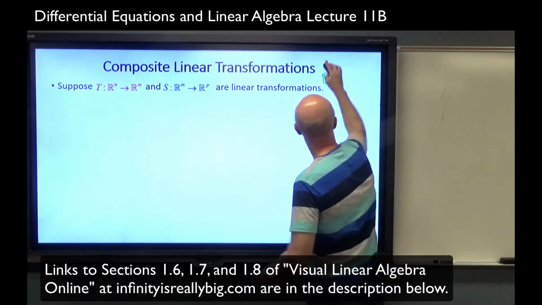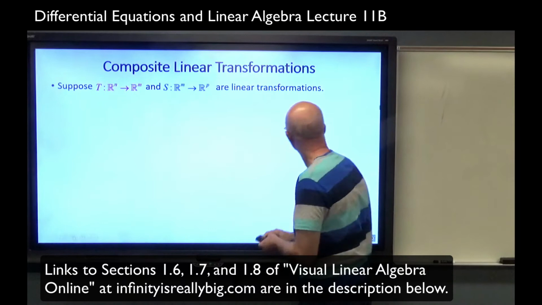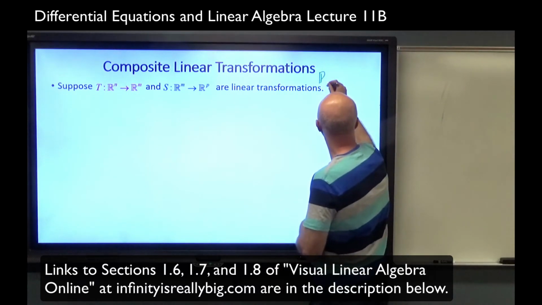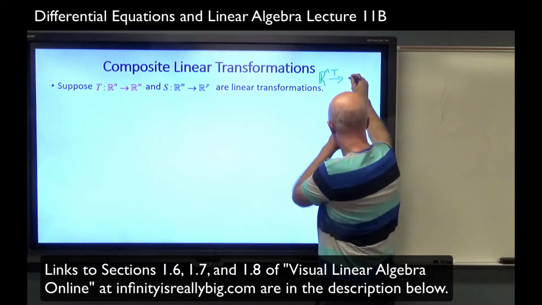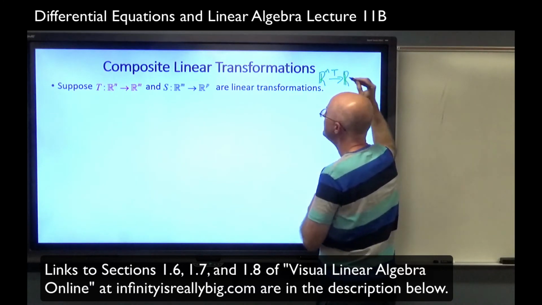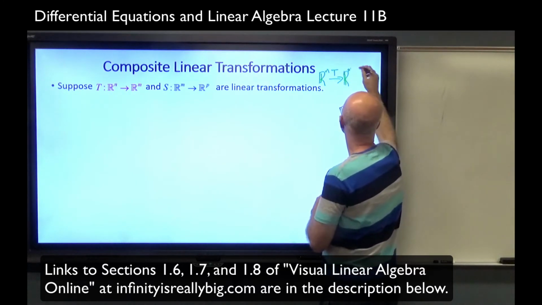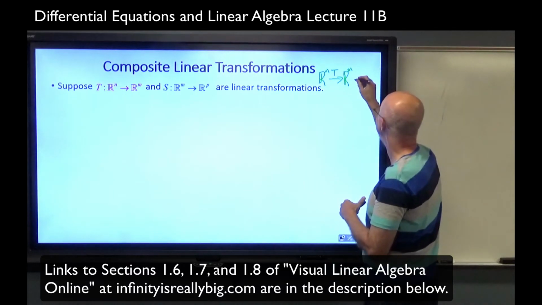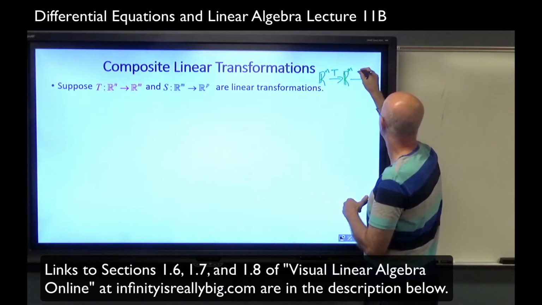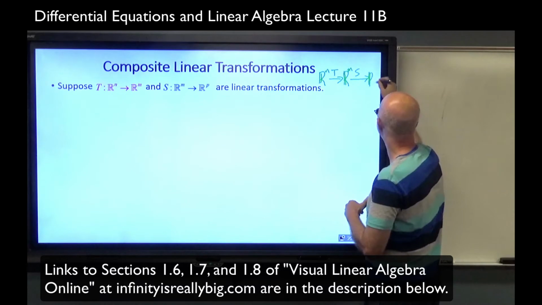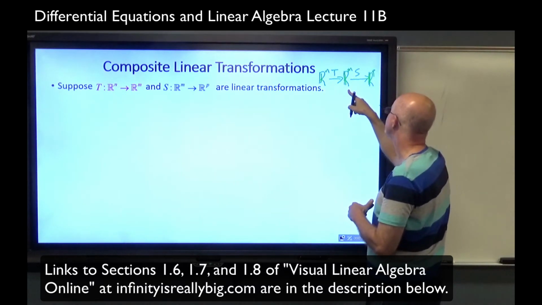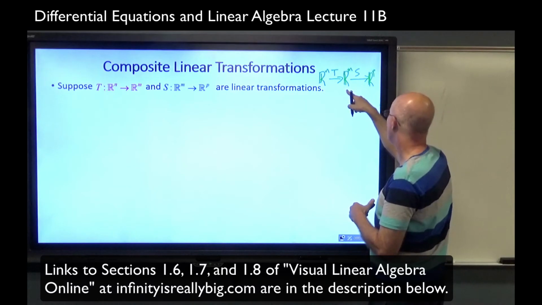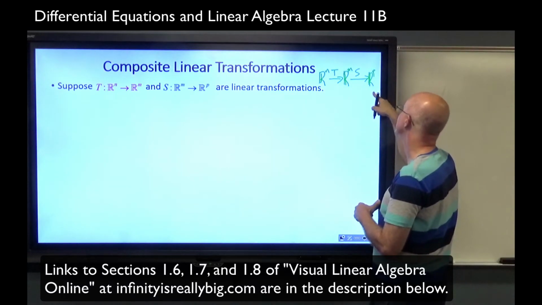Sorry. T maps from Rn to Rm, putting the T above the arrow in this case, and S maps from Rm to Rp. The domain of T is Rn, the codomain is Rm. The domain of S is Rm, and its codomain is Rp.